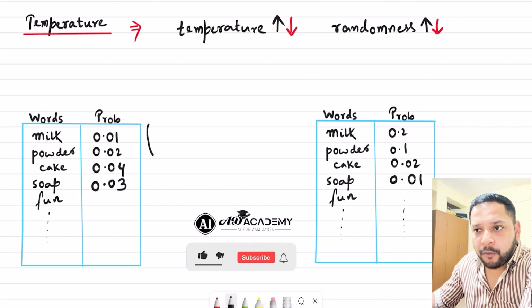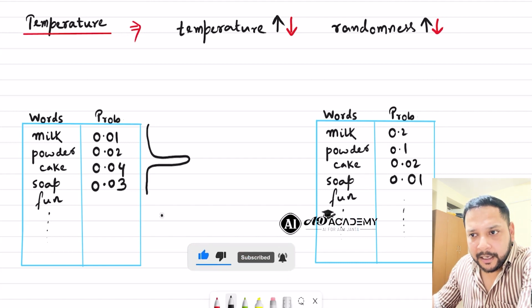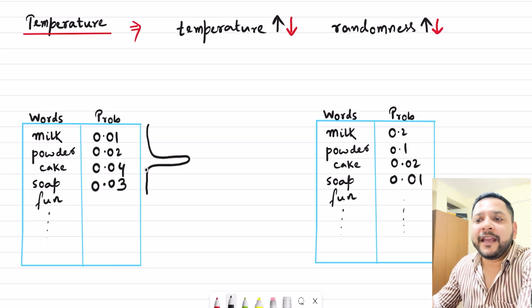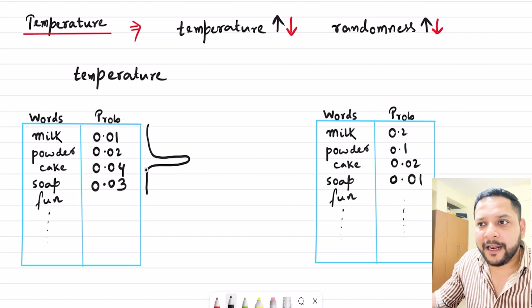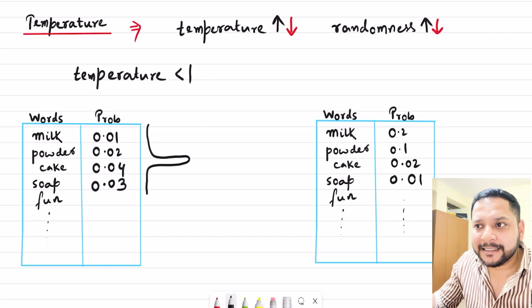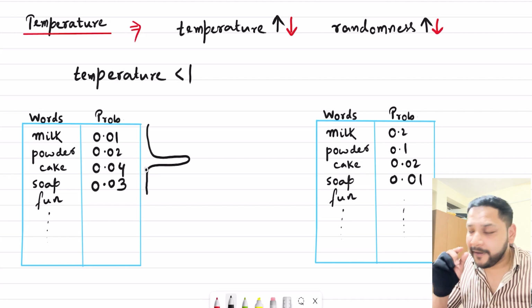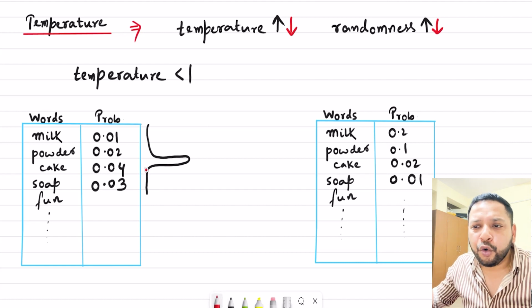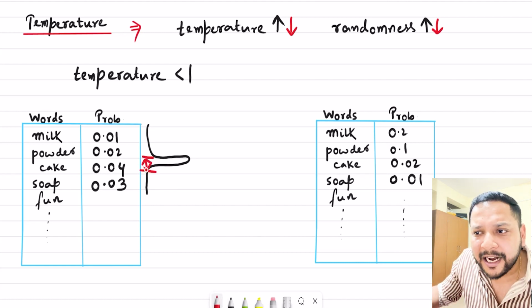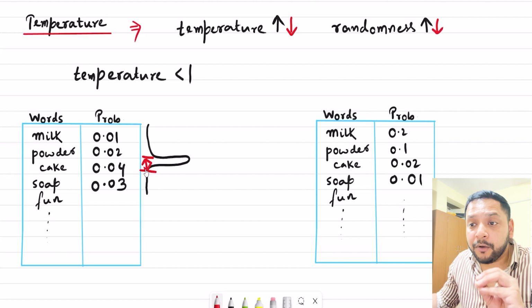distributions. Now if the temperature is less than 1, then the peak is very narrow. It means that it is a strongly peaked probability distribution. If you choose a temperature value less than 1, then the randomness of choosing the words will be very low. It means that only those words whose probability is higher will be chosen, and the window for randomness is very small, so very few words will be considered, and one of them will be randomly chosen.